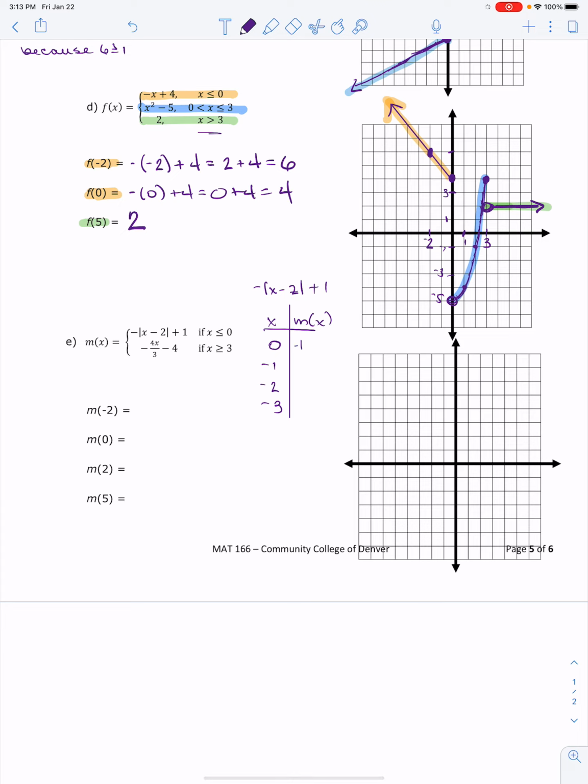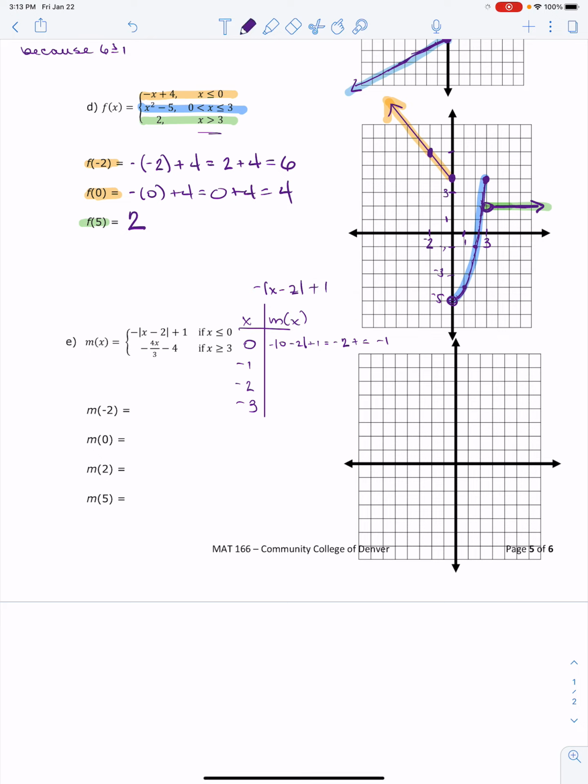So I get negative absolute value of 0 minus 2 plus 1, which gives me negative, absolute value of negative 2 is 2. So I get negative 1.